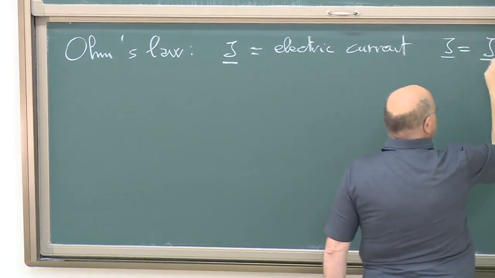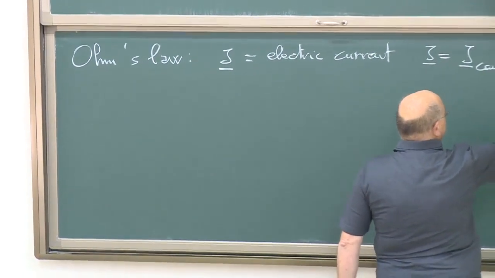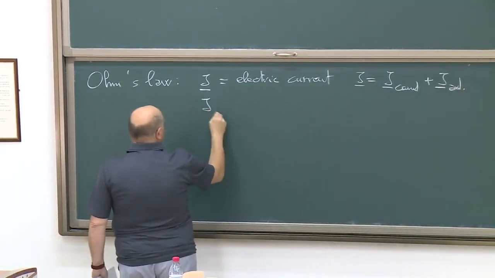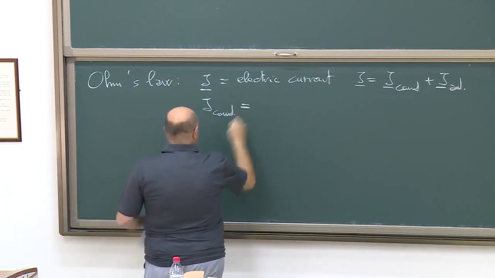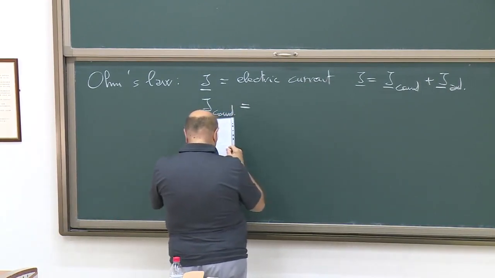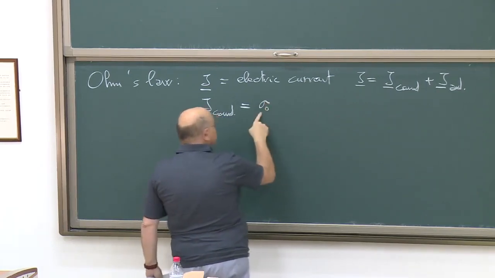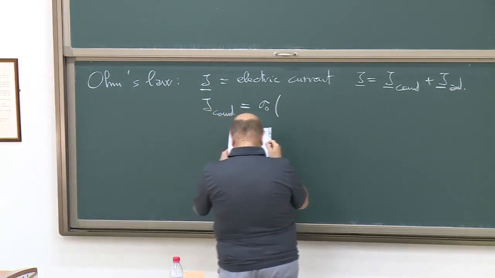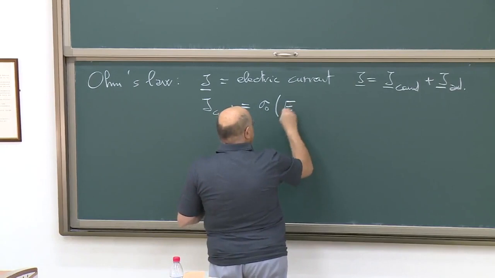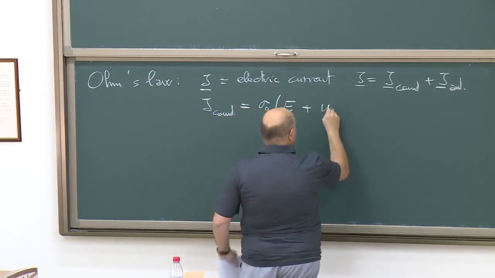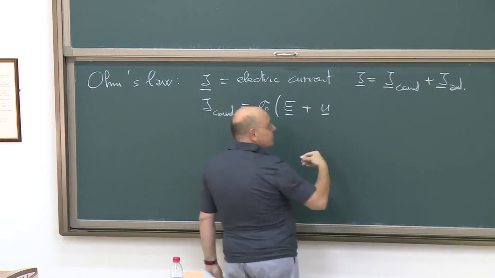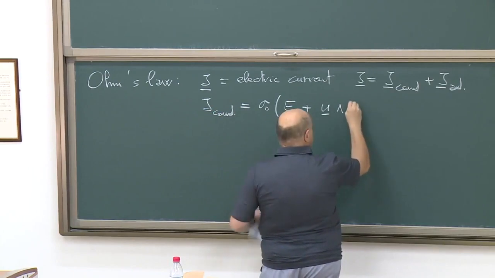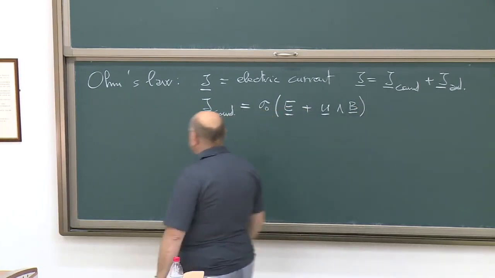One is due to conduction, and the other is due to advection. As you know, the conduction is due to Ohm's law, with the electric conductivity, which is the only constant I mention here, times the electric field plus u, the velocity of the classical fluid, so to speak, cross B, where B is the magnetic field.